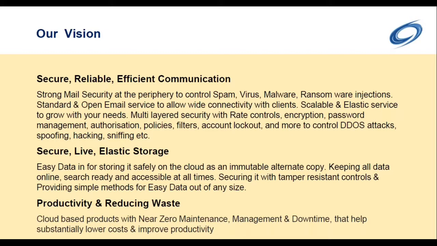So the first and foremost thing is that your email system should be completely secure. The second important thing is that it has to be reliable, because as we all know, email is the chief mode of communication for all businesses. So it has to be reliable, it has to be up and running every time.